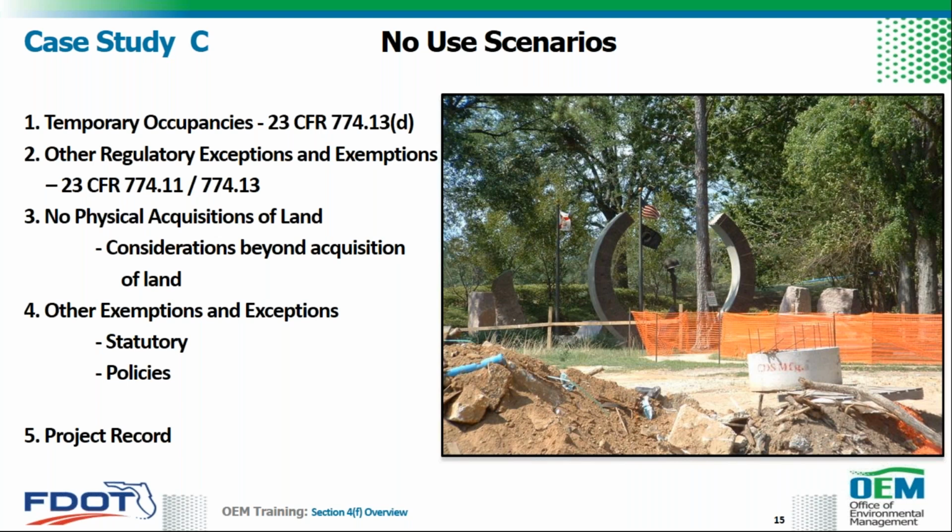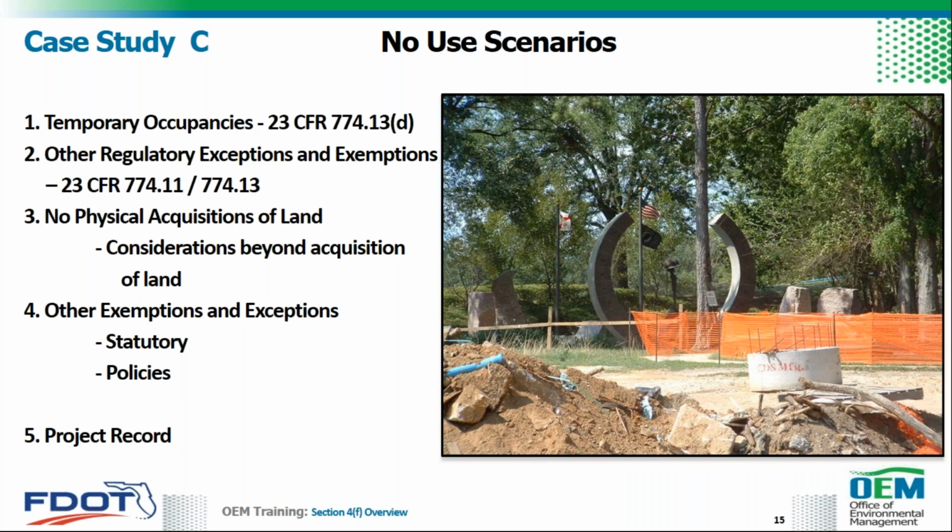If we're having a temporary occupancy of a property, and let's say it impacts the point that the population uses to access it, well, what we want to do, or what we need to do, is offer a temporary access point for the duration of the time that we have to cut off the primary access point.